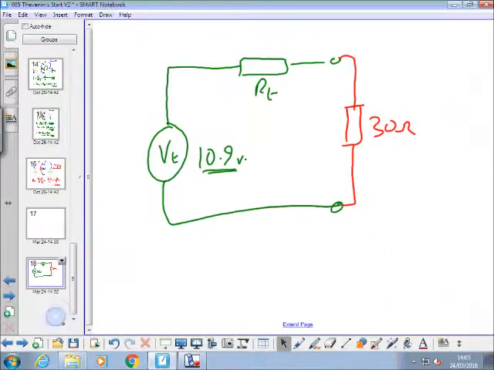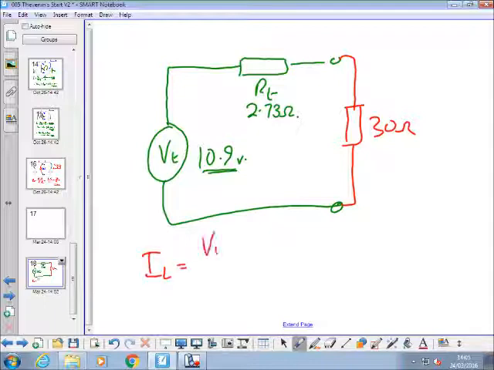So we can now go to our Thevenin's equivalent circuit. There it is. And put 2.72, what was that, Carl? Yeah, or 2.727, so 2.73 actually. 2.73 ohms in there.